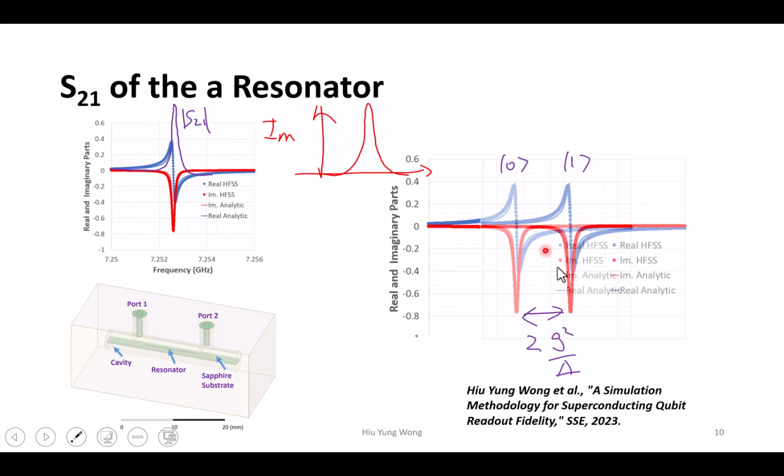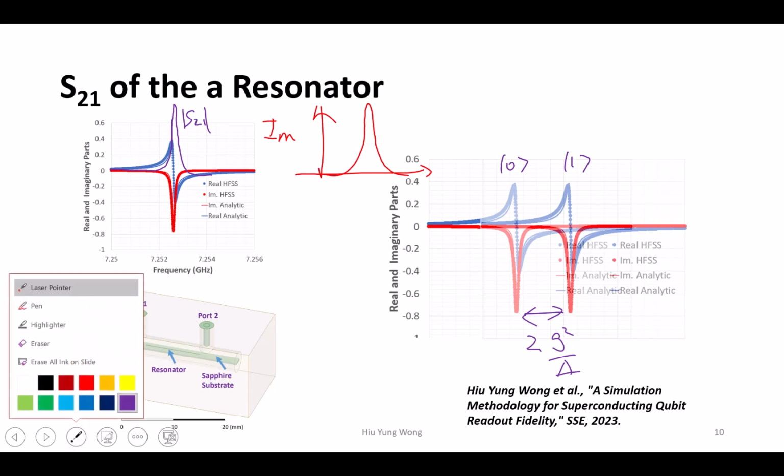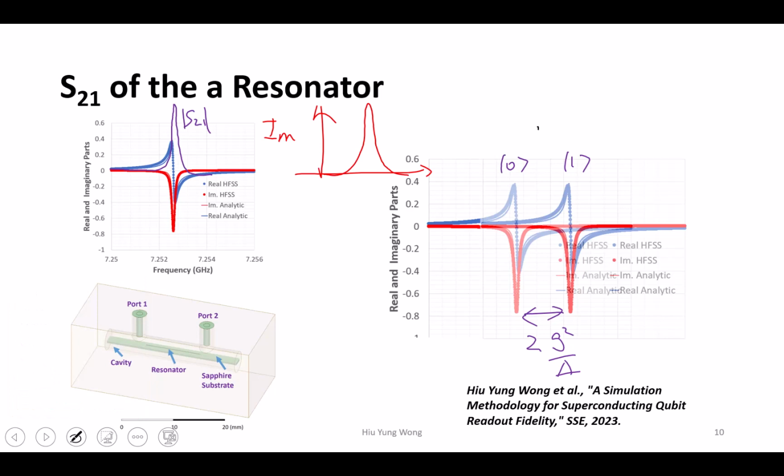So now, how are you going to measure it so you know whether it's 0 or 1, right? So usually what we do is measure at this point, at the middle. We are going to send this frequency. Now, when you are 0, it's a little bit difficult. When you're 0, you have this negative blue.